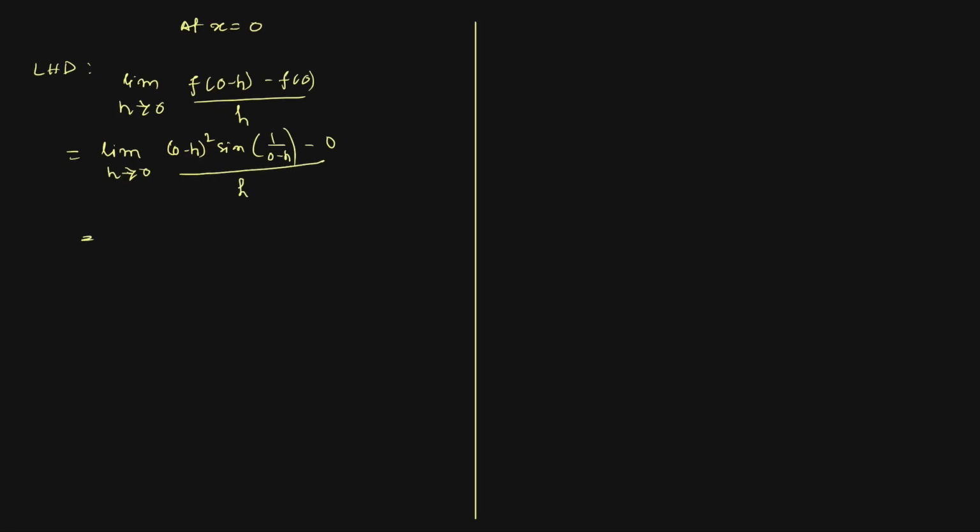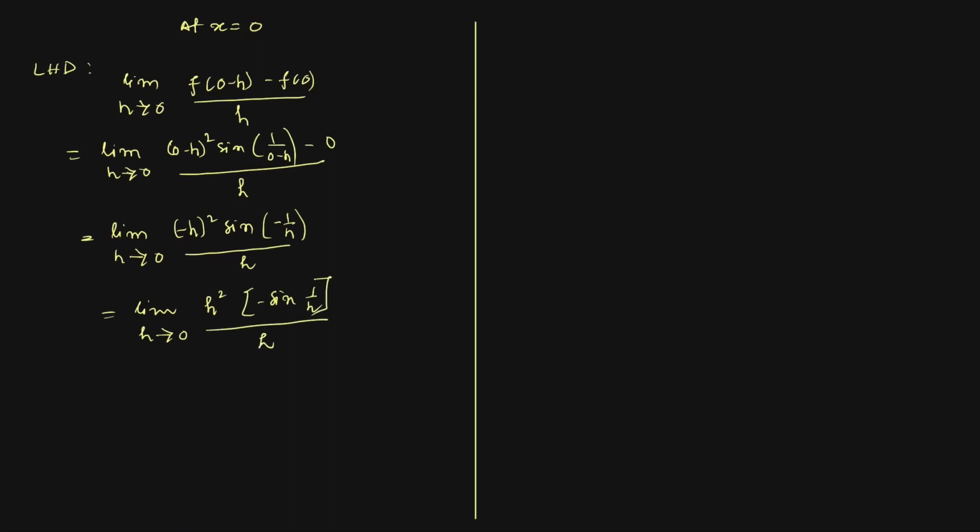This is equal to limit h tends to 0, that is minus h whole square sine minus 1 by h divided by h, which is equal to limit h tends to 0 h square minus sine 1 by h divided by h.